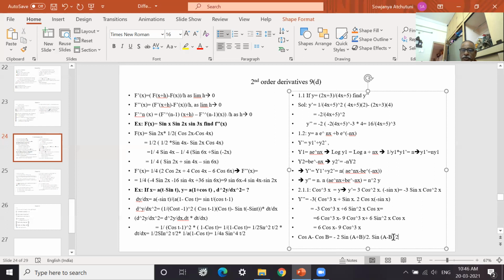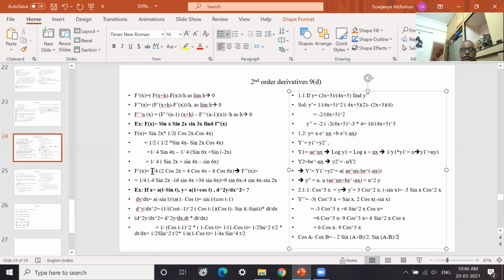So we should have a very thorough knowledge of these conversions. Cos A sin B is sin(A plus B) minus sin(A minus B). So sin of A plus B, 2x plus 4x is 6x, plus sin of A minus B, minus 2x. So we got simple sine terms.